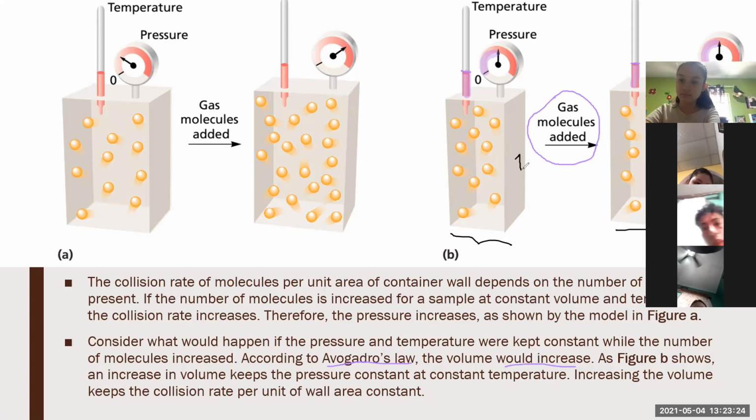That's the change that happened in part B. By keeping the pressure and the temperature the same, if I increase the number of gas molecules, it is going to cause an increase in the volume.